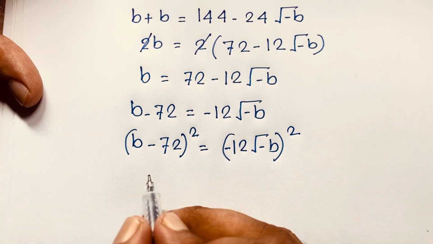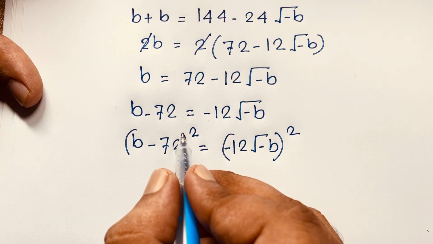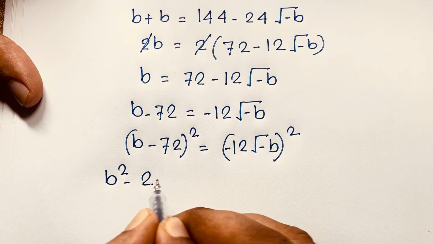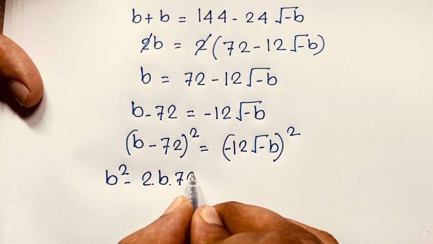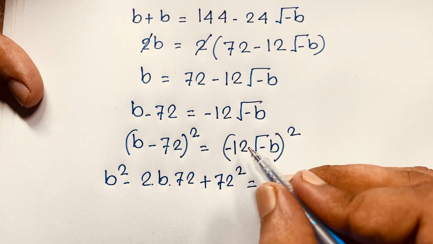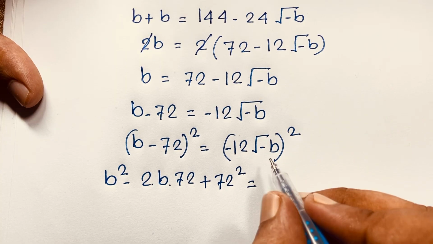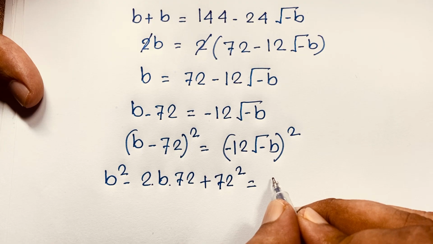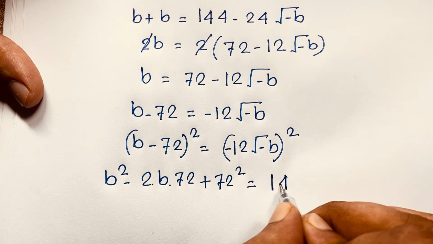Now at this moment a minus b whole square, I apply this formula again, so it will be a square minus 2ab plus b square is equal to, then minus 12 whole square, it will be 144, we know that.